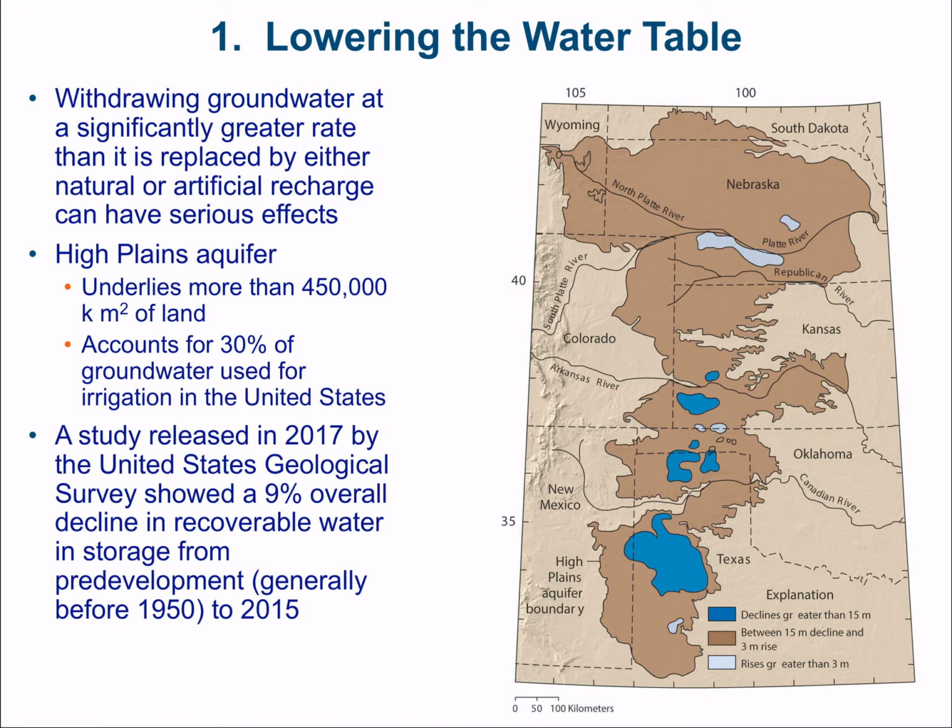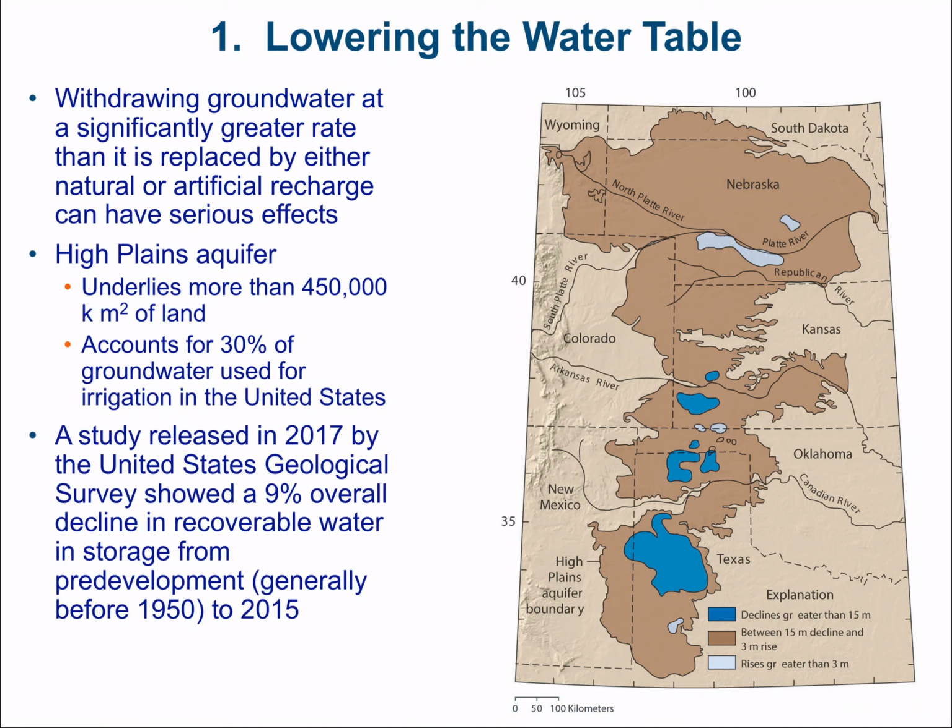So we did a study in 2017, the U.S. Geological Survey, and it showed about a 9% decline in recoverable water from storage since pre-development before 1950. You can see the color coding in this map.